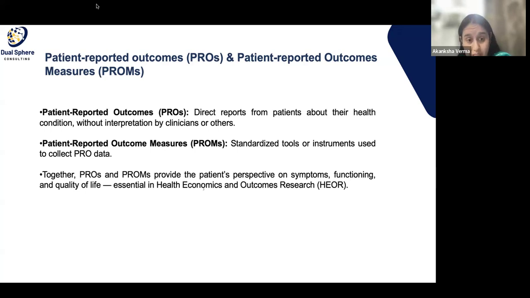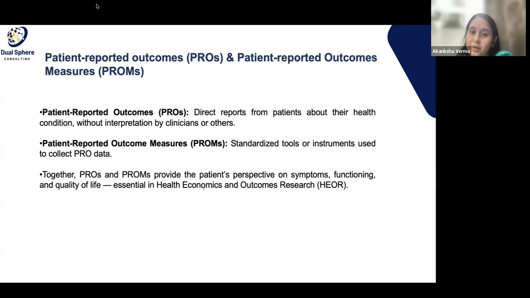When submitting to health regulatory authorities, we also provide this information in terms of the humanistic or societal burden of the disease and how the treatment is helping or not helping in reducing that burden.